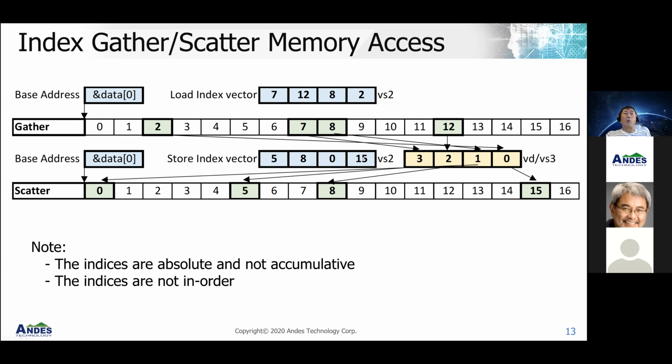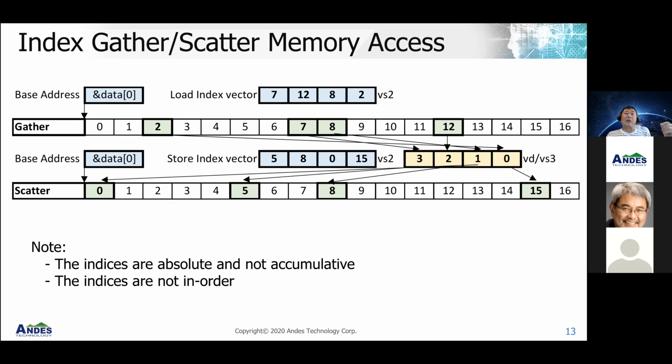Okay, and if you want to do the ordered store, then you have to do it in order. It means you have to store into the second cache line of memory, and then go back to the first cache line to do 1, 2, and 3, and then may jump to a different cache line to do the store.